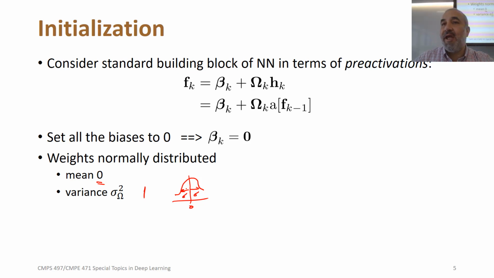If the variance is 1, the values will mostly be between -2 and 2. That's most cases. Some of them will be zeros, but most of them will not be zeros.